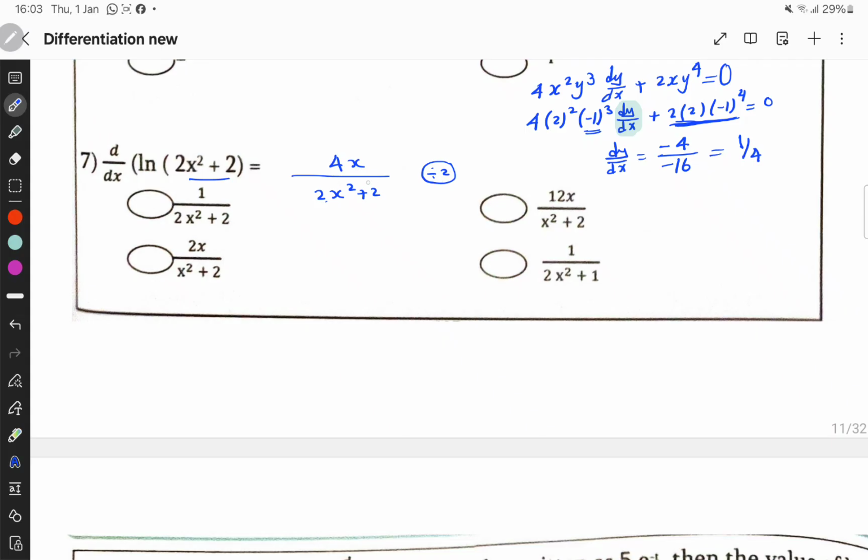The whole function is divisible by 2: 4x divided by 2 will be 2x, 2x squared divided by 2 will be x squared, 2 over 2 will be 1. So 2x over x squared plus 1, I think that will be the answer.